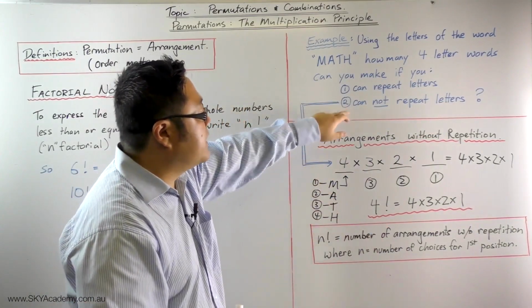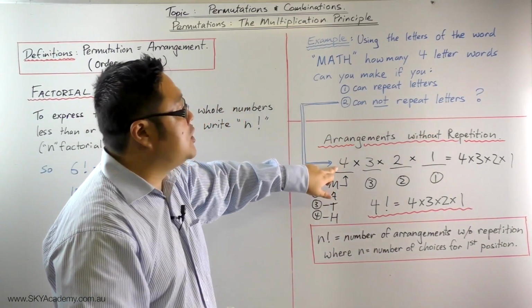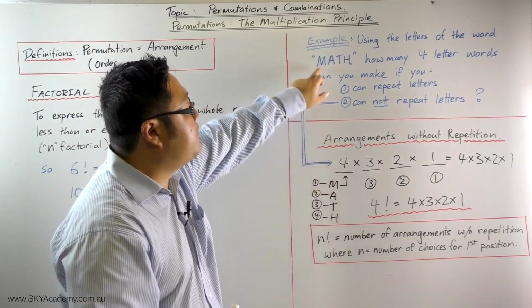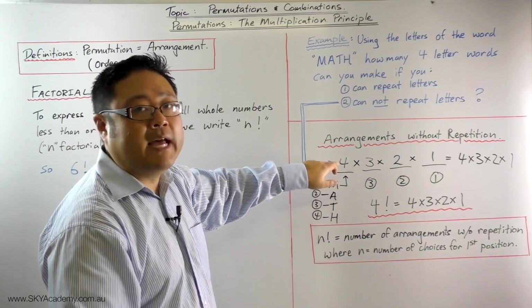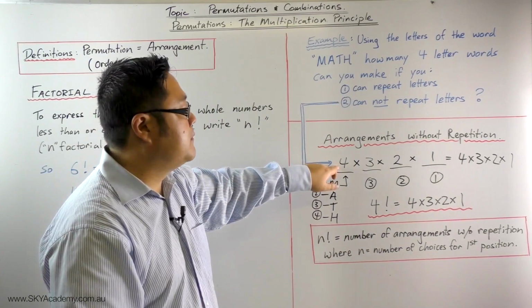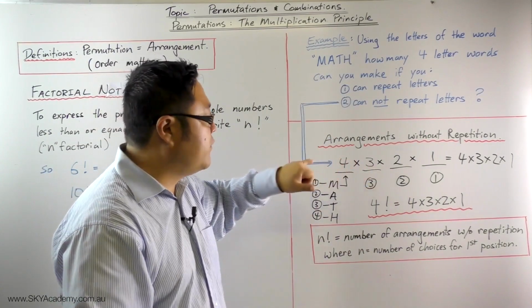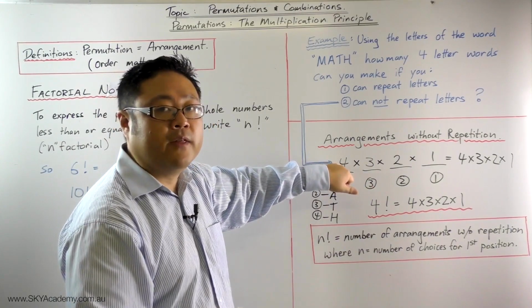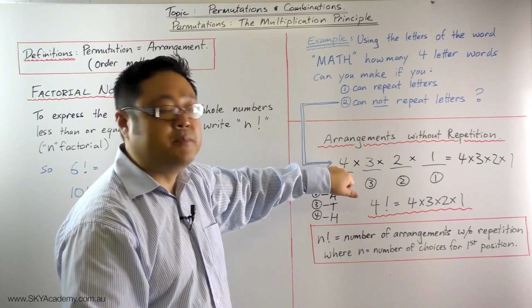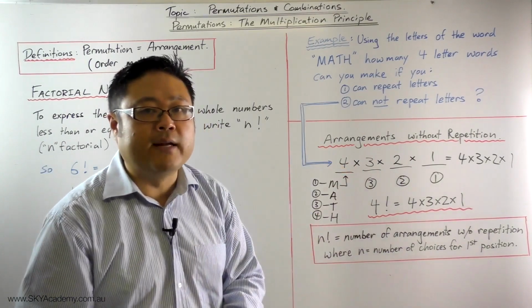Remember that for the first position, you've got 4 letters in the word math, which means you can put 4 letters in the first position. For the second position, because we've already nailed down the first letter, you'll only have 3 letters left.